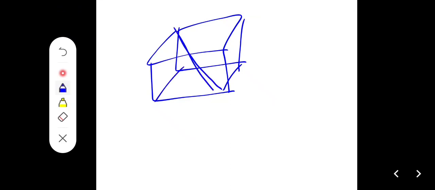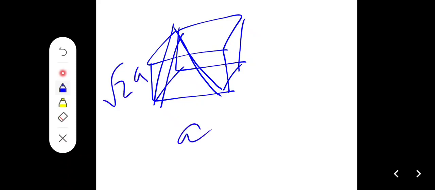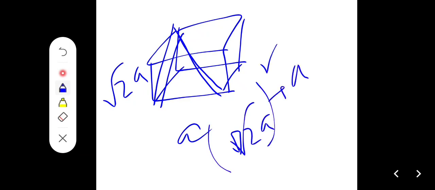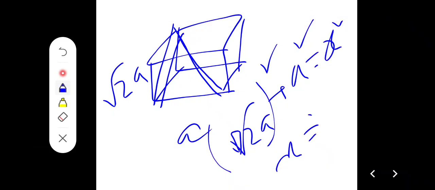Root 2a whole square plus a square equals x square, so x equals root of 2a square plus a square, that is root 3a.